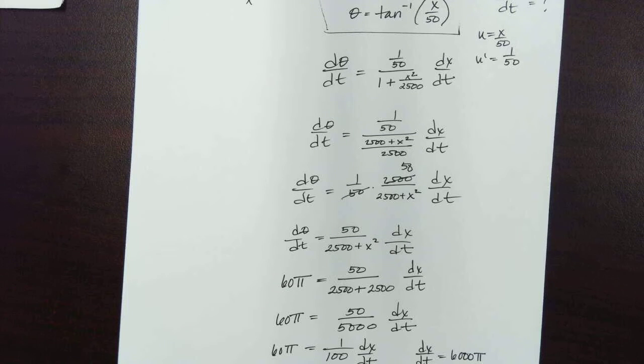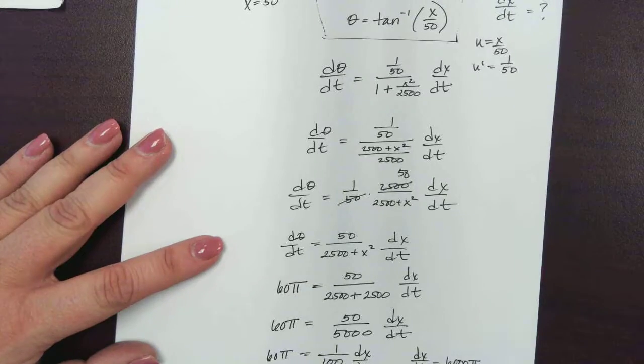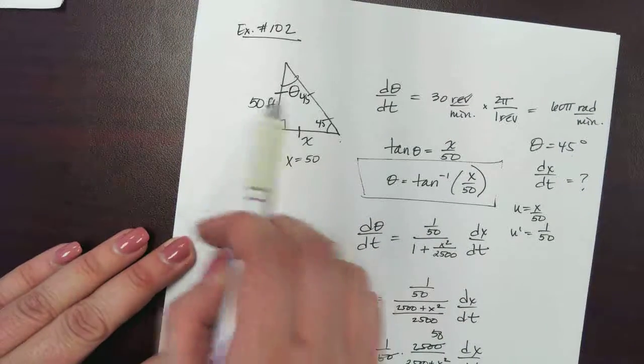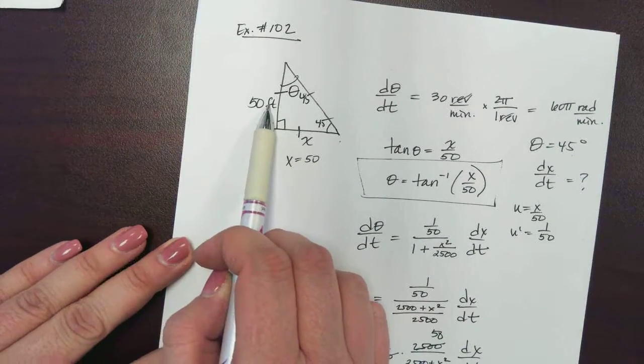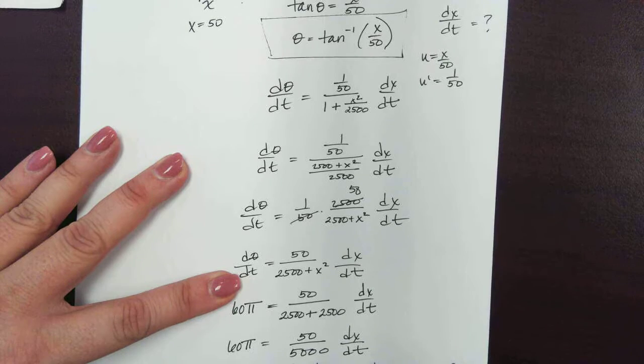This is dx dt, so it's feet per minute. Okay? Because I was told that this length was in feet, so I know my linear values are going to be feet, and my time was minutes. So yes, it is feet per minute.